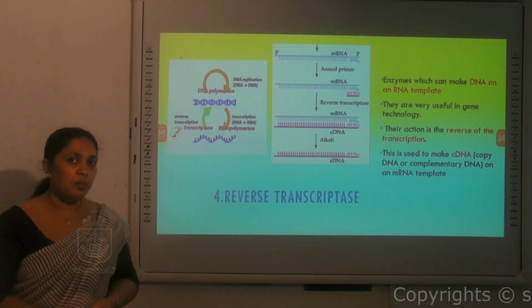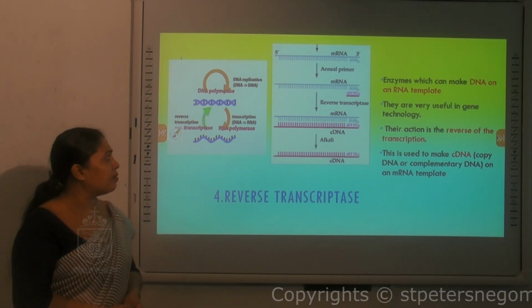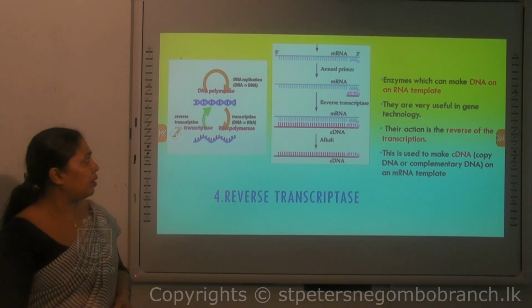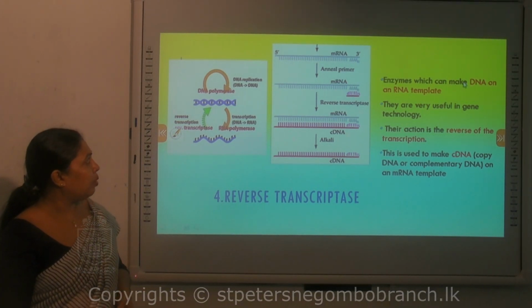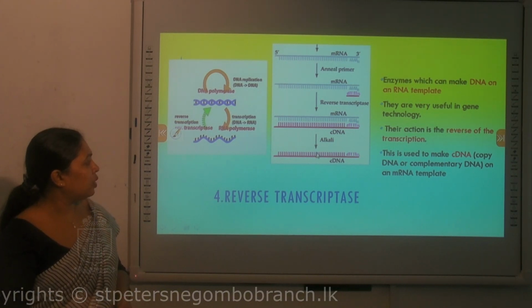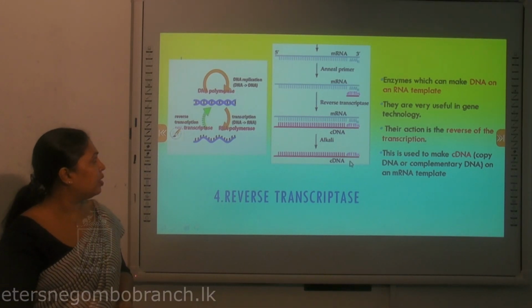The next enzyme is reverse transcriptase, and reverse transcriptase is doing the reverse of transcription. It means using an mRNA sequence, it forms a DNA sequence, and this DNA is known as complementary DNA.